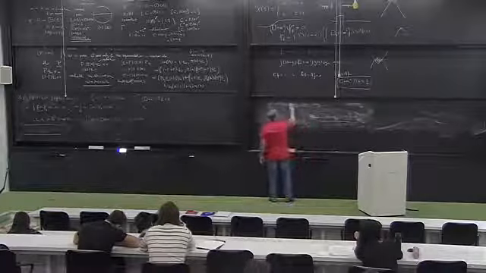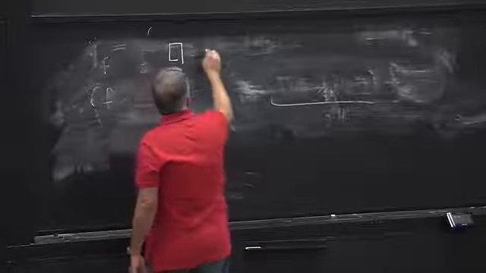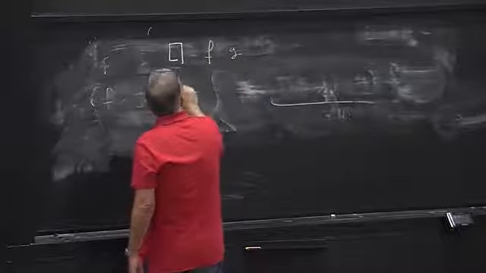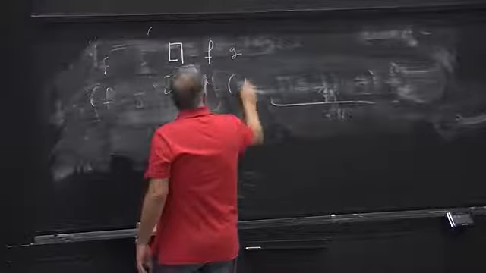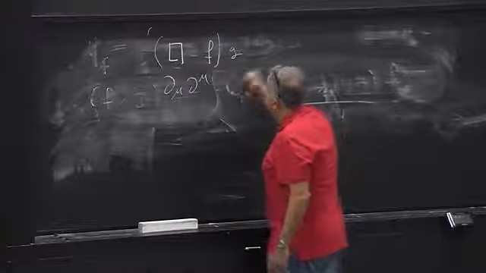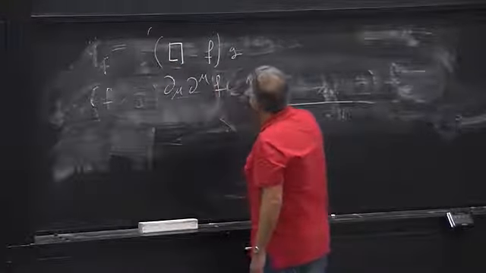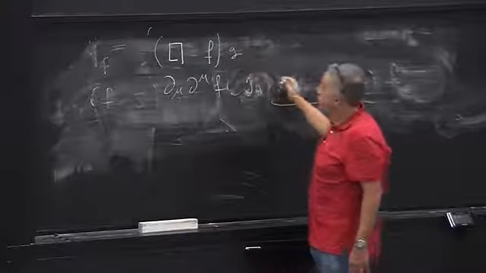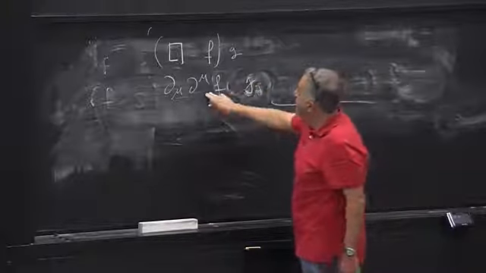Observe that the Klein-Gordon operator applied to a product, let's say Fg. This is d mu. I want to make this operator pass to the second, just by a formal manipulation.